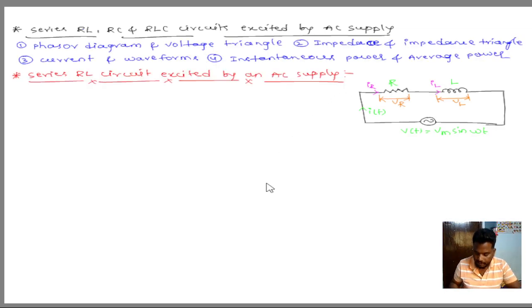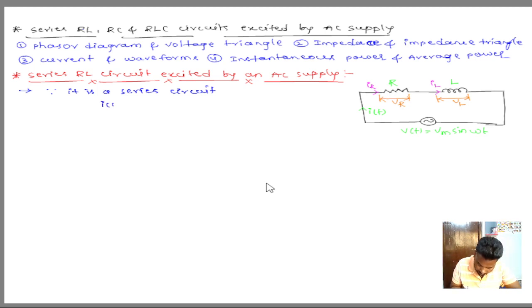Since it is a series circuit, therefore i of t is equal to IR is equal to IL, because in series, current flowing through all circuit elements is same. Remember this point, current flowing through all elements is same.